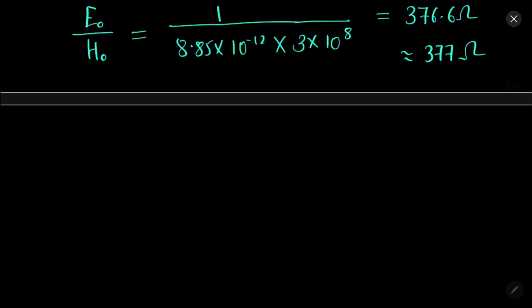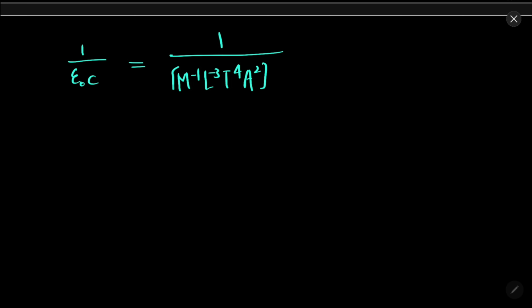Now the dimension of this will be 1 over epsilon naught C. So what will be the dimension? Epsilon naught has dimensions M minus 1 L minus 3 T4 A squared, and C is the velocity, L T minus 1, meters per second.